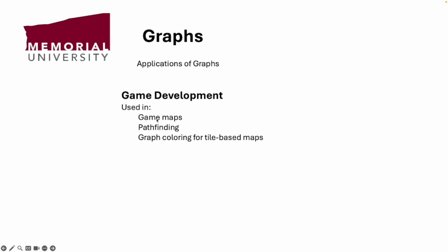For example, game maps, pathfinding, and graph coloring for tile-based maps, where you define the graph and a different value for each type of color. Machine learning and AI also use graphs heavily.